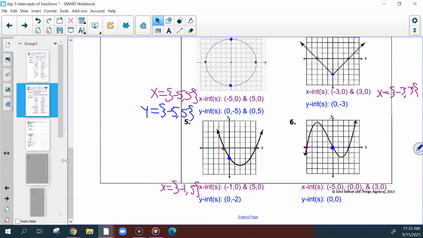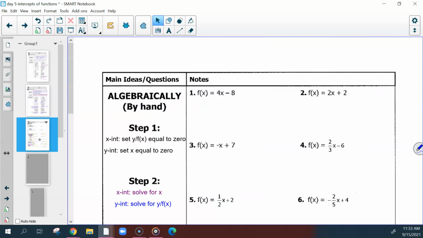In my personal opinion, I feel like finding them from a graph is way easier than the algebraic part, because all you have to see is where do they cross. But we do still need to know how to do it by hand as well. So we're going to do some of these examples.